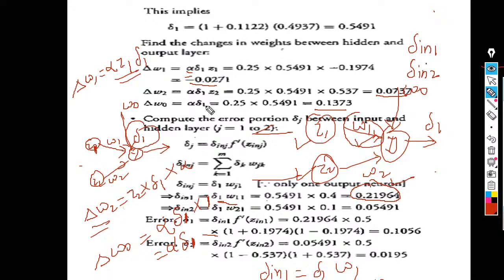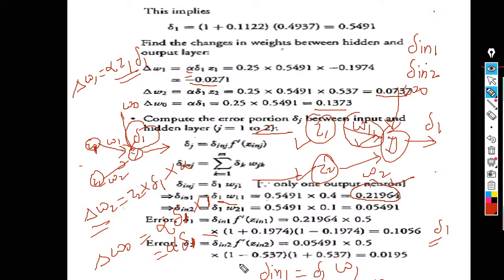Similarly, once we calculated Z in 1 and Z in 2, we can also calculate f dash of Z in 1 and f dash of Z in 2. So we multiply delta in 1 into f dash of Z in 1, and that will be delta 1.